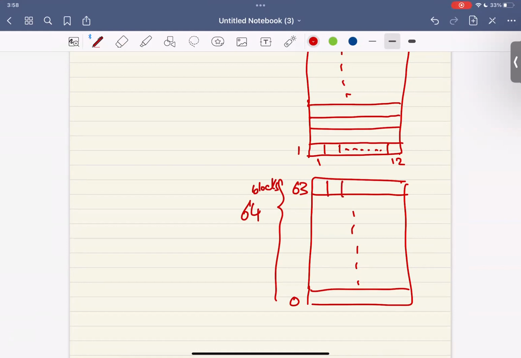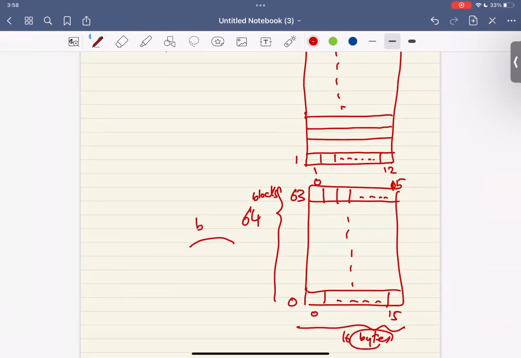And in each of these, we have from 0 all the way to 15. So we have 16 different bytes, which are rooms, correct? The very first bits will be allocated for the room number, which is the byte number.